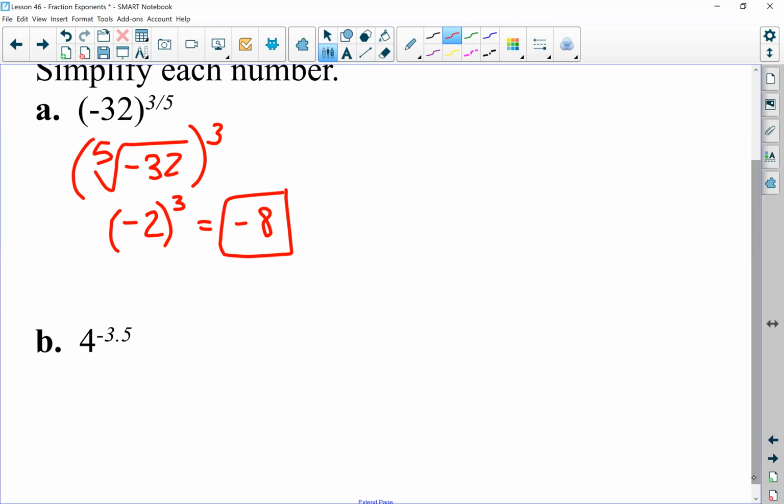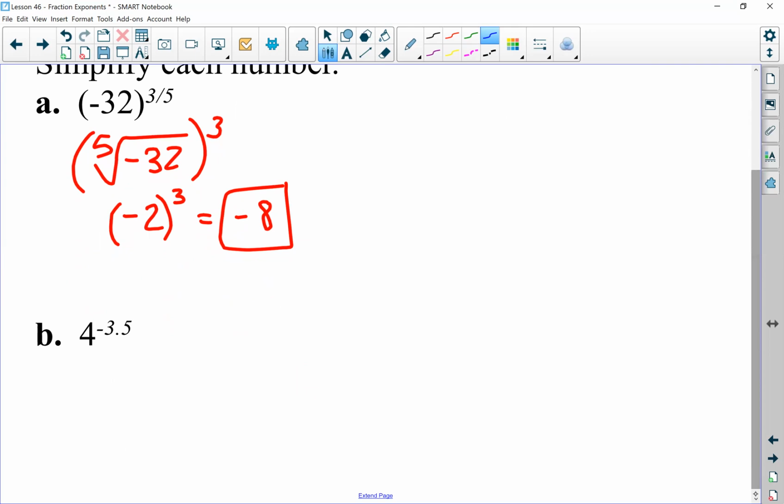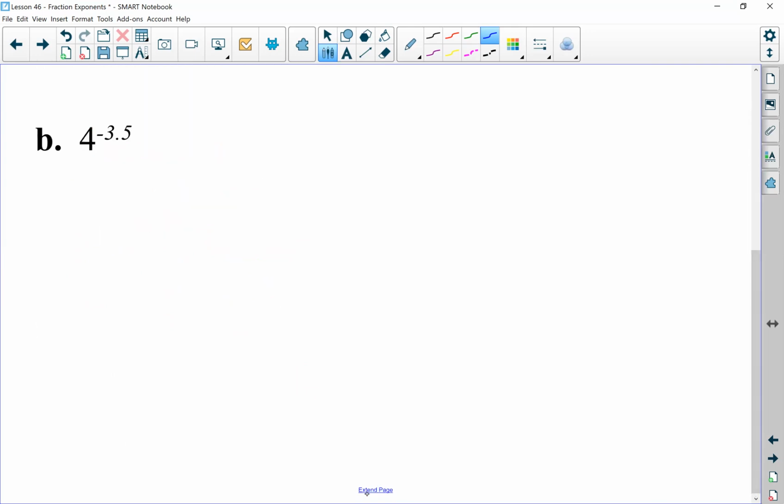4 to the -3.5. First thing I'm going to do, I'm going to change that decimal into a fraction. So this would be 4 to the -7/2. And we know when we have a negative exponent, I can write that as 1 over and make the exponent positive.